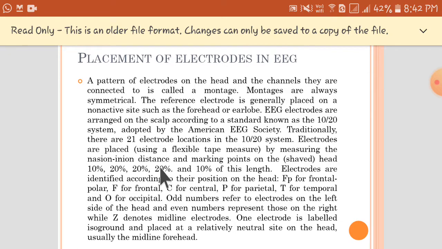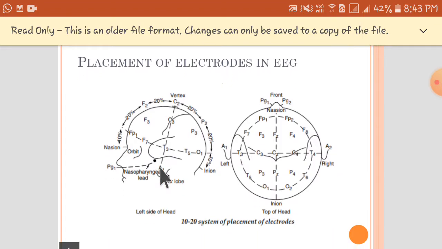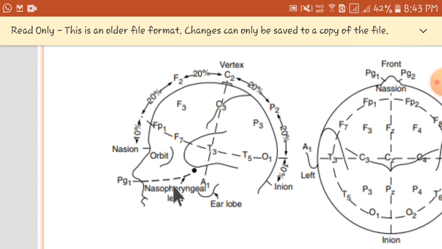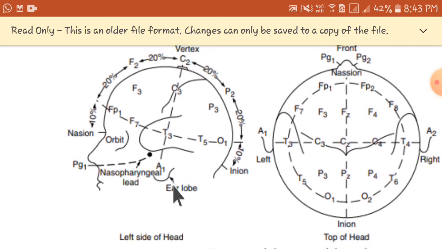Now we are going to discuss the placement of electrodes in EEG. Here you can see the figure. This is the left side of the head. This is the 10-20 system, the standard method adopted by the American EEG Society for placing the electrodes.